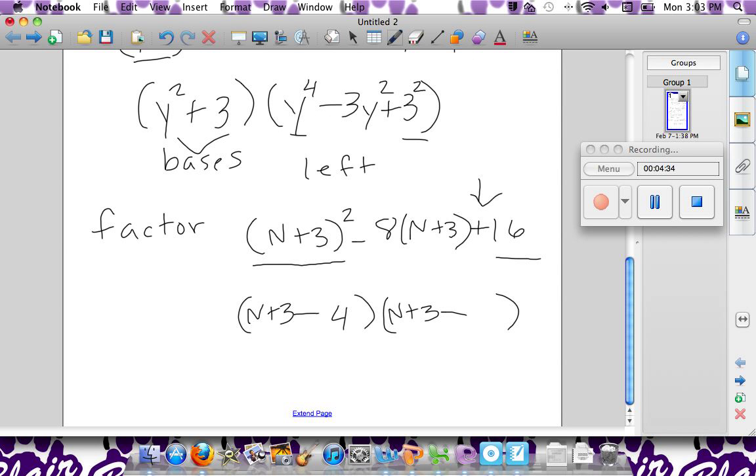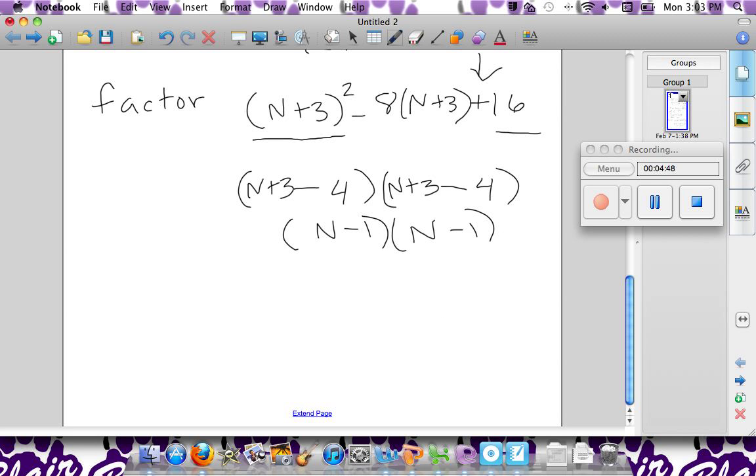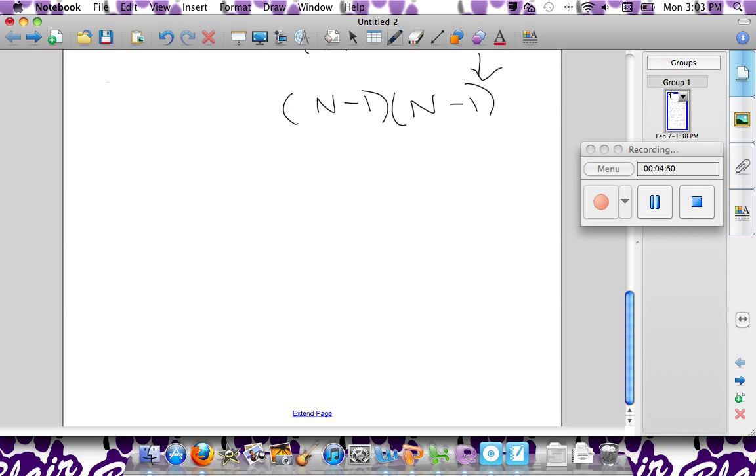And the square root of the last is 4. For my final step, I simplify inside the parentheses, and I get n minus 1. 3 minus 4 is negative 1, and n minus 1. And that's factoring a perfect square trinomial. Kind of an ugly perfect square trinomial.